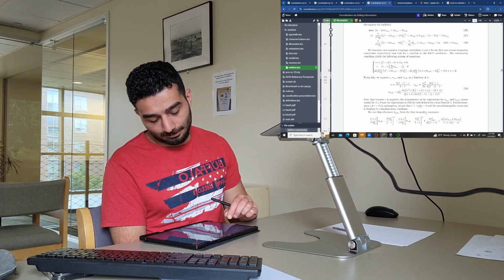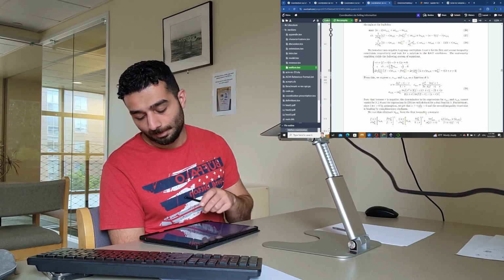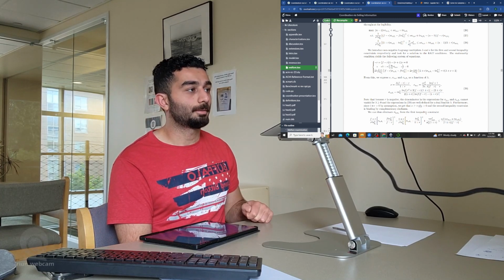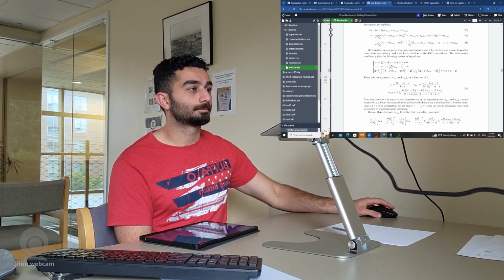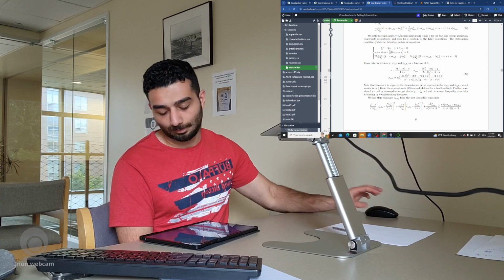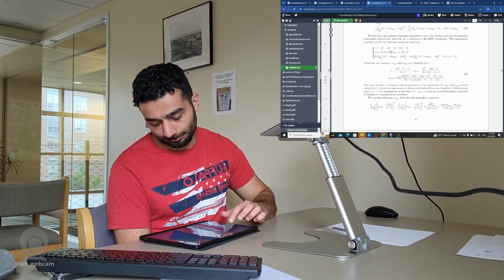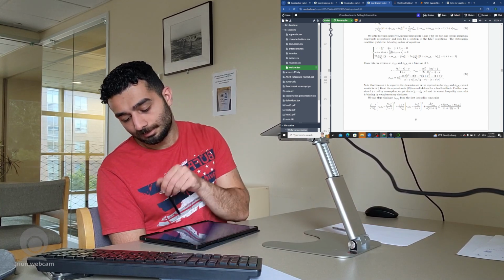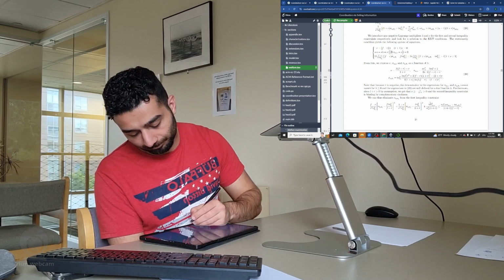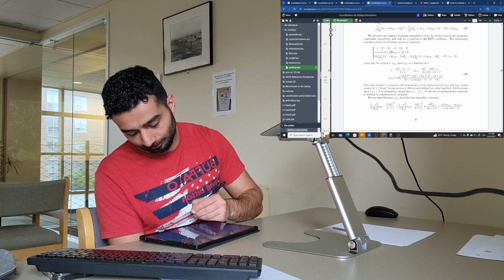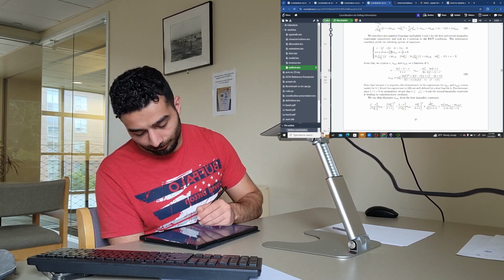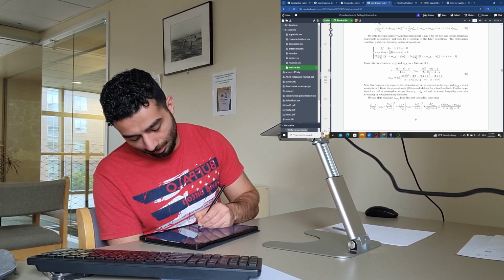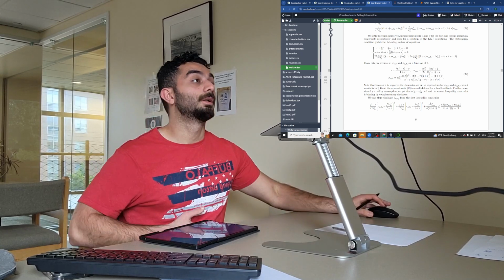Perfect, which results in this term, and let's compute for sigma ai theta I, which comes from the third one. Sigma ai theta I equals.